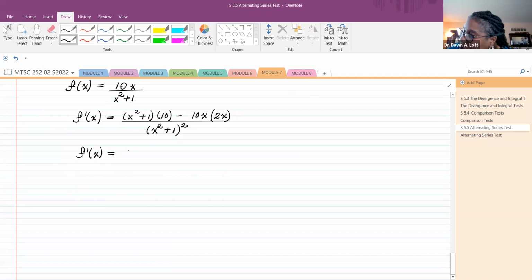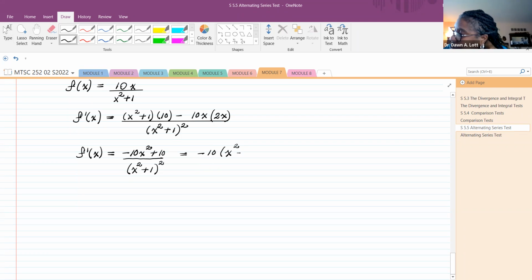When you simplify this, you get negative 10x squared plus 10 divided by x squared plus 1 squared. I'm going to factor out the negative 10.